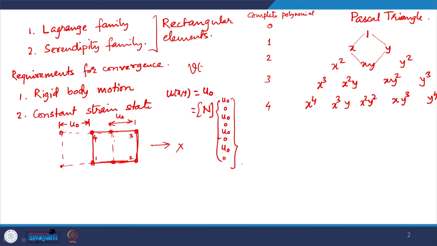So, v at x y is 0. So, that is what we have: v 1 is equal to 0, v 2 is equal to 0, v 3 is equal to 0, v 4 is equal to 0, but all the 4 nodes move in the x direction by the same amount u 0, u 0, u 0, u 0. So, essentially this looks like u 0 multiplied by N 1 x y plus N 2 x y plus N 3 x y plus N 4 x y.